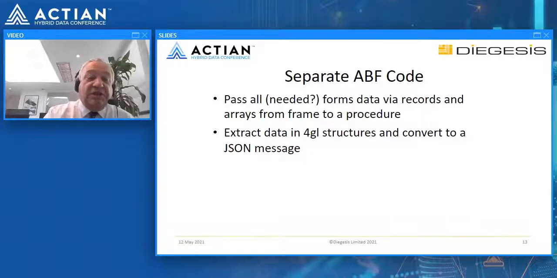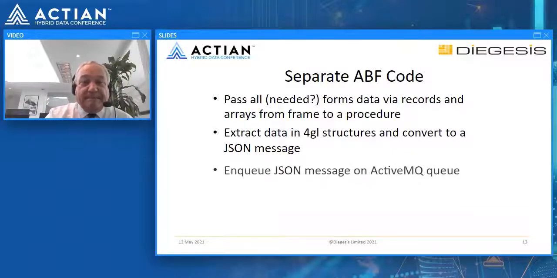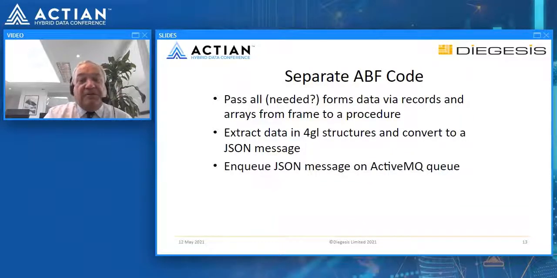We've got the JSON RPC calls for free, which will do all the movement of data from 4GL structures into JSON messages for us within OpenROAD, and that all came in 11.1. So we can then enqueue the JSON message on ActiveMQ, or we can make the libcurl C call, depending on which point we are in our evolution.